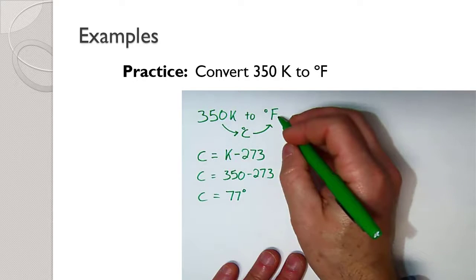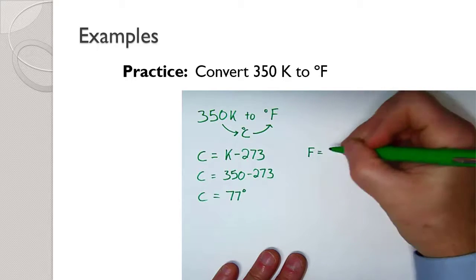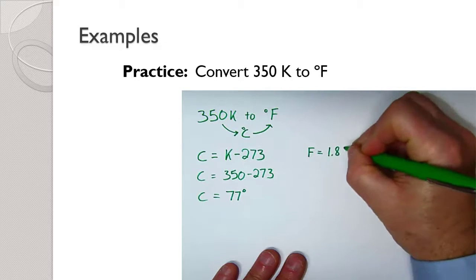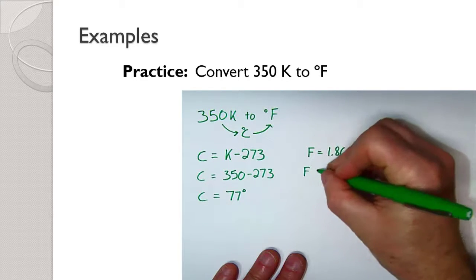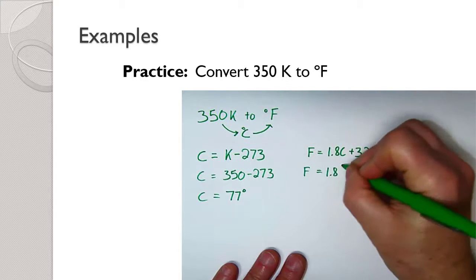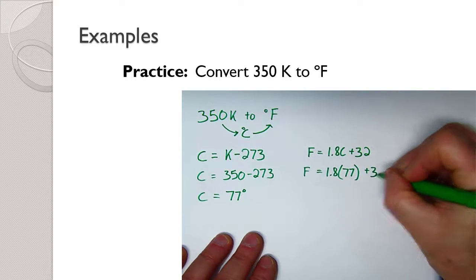Now from there we'll go to Fahrenheit. We saw earlier that our Fahrenheit temperature is found by taking 1.8 times the Celsius temperature and then adding 32. And so our Fahrenheit temperature will be 1.8 times 77, and then we'll add 32.